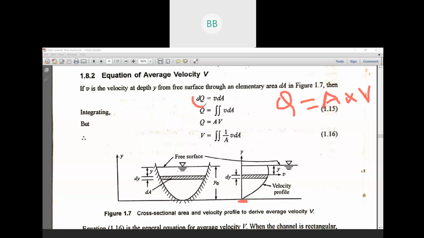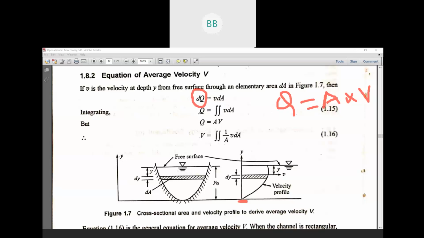That discharge will be delta q. To find the discharge for a small elementary area, we multiply area into velocity. So small v is the velocity inside that area, and we multiply by delta A, so we get the discharge delta q.